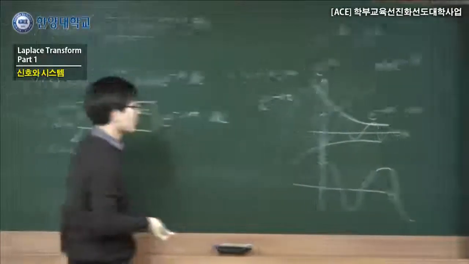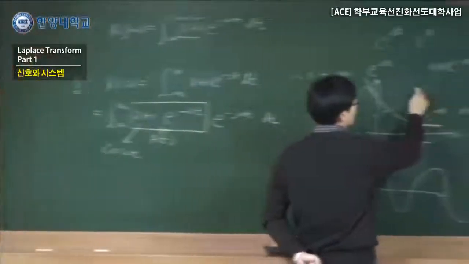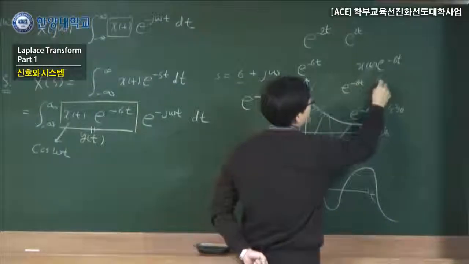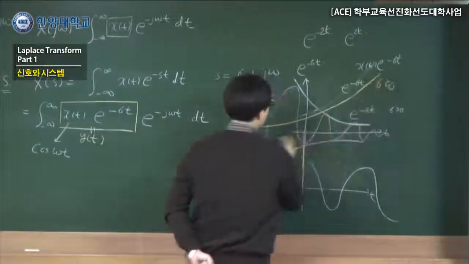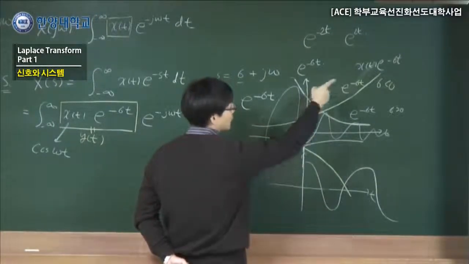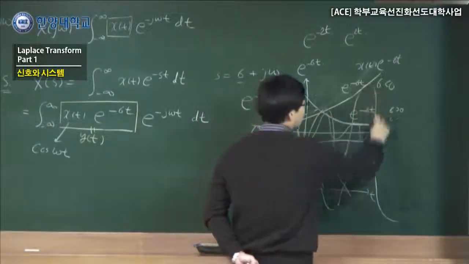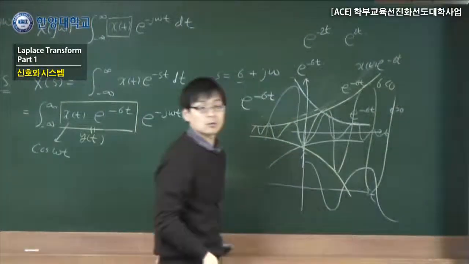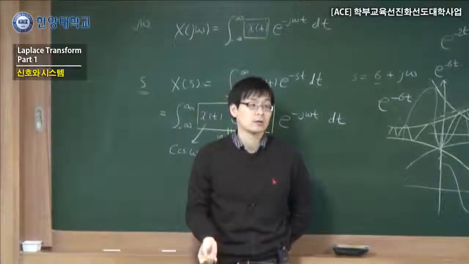If delta is negative, then the multiplication will oscillate but diverge. So we cannot have a certain value.